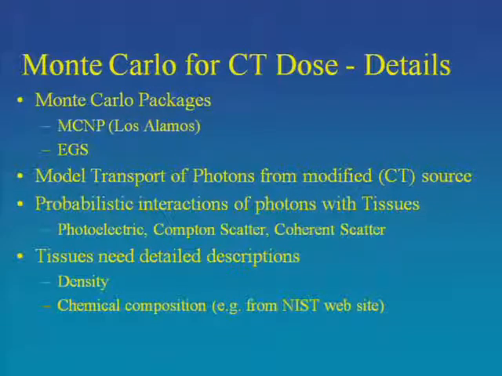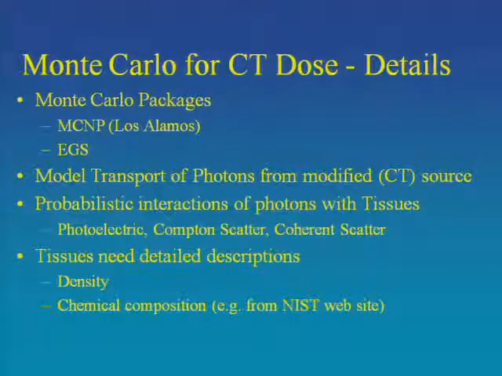And what these do is they model the transport of photons from a source. We actually modify the source in MCNP to mimic a CT source. I'll talk some more about the characteristics, but we have it move and it shoots out X-rays and the whole thing. It models probabilistic interactions of photons with tissues, photoelectric, Compton, Rayleigh scatter.